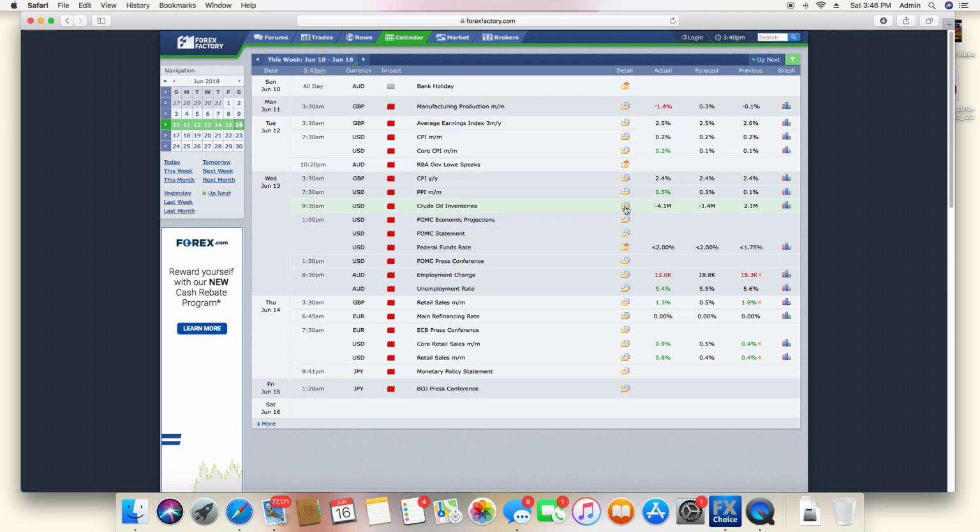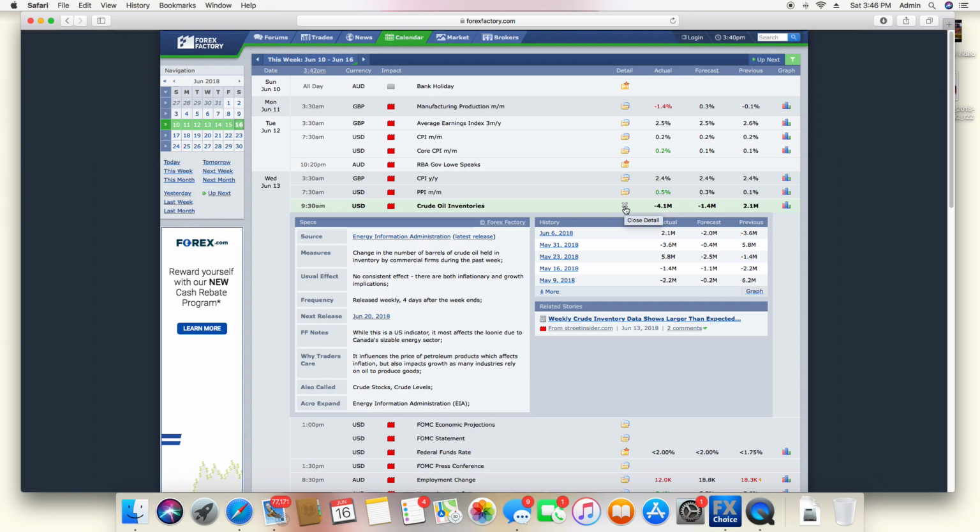If you see this envelope right here and you click on that, it gives you the information, okay? And it tells you this is measuring the change in the number of barrels of crude oil held in inventory by commercial firms during the week. So this is an oil inventory. They're counting all the barrels of crude oil, looking at the difference in the barrels of crude oil, okay?